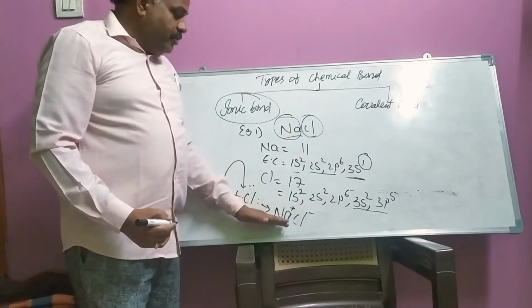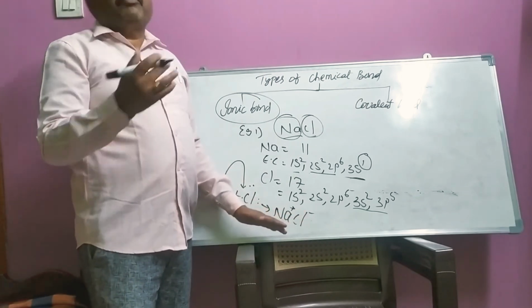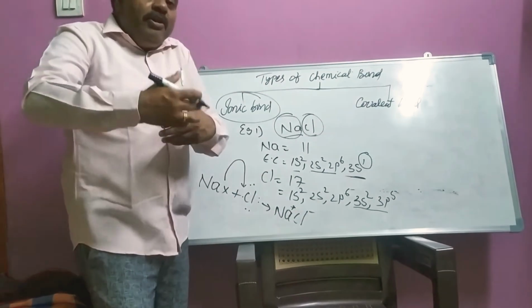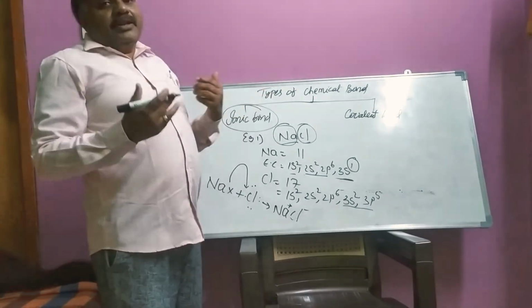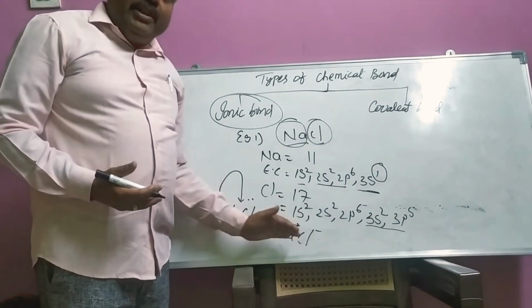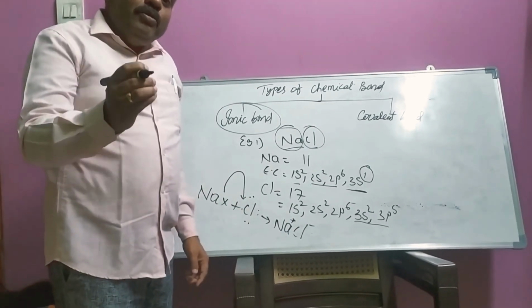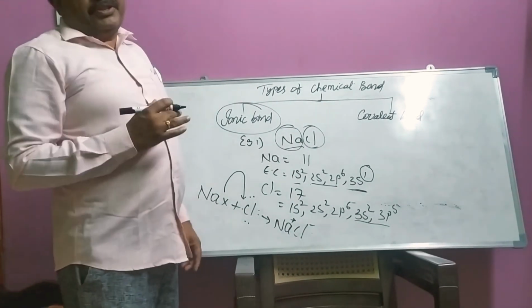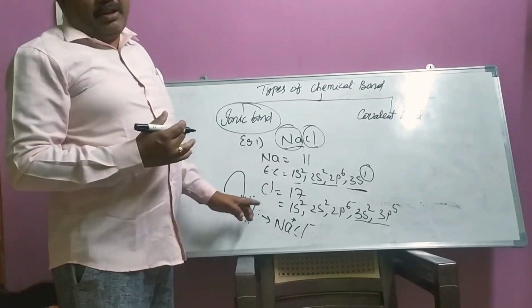So between sodium and chlorine, this bond is formed. How can we define this ionic bond, dear children? The ionic bond is formed between atoms due to transfer of electrons.